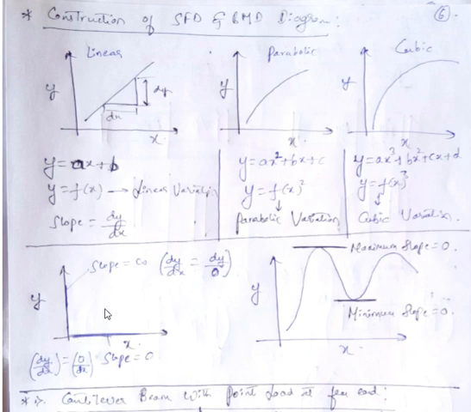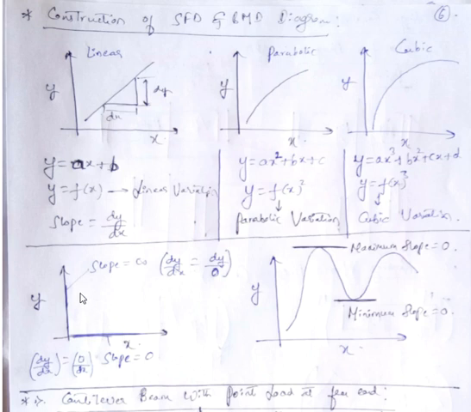Is there any direct distance in the y direction? Here we consider dy as the distance in the y direction. For this curve, there is no distance in the y direction. That means dy is 0. 0 by dx will become 0, since 0 by anything is 0. So dy by dx will become 0. That means slope is 0. So for a horizontal curve, slope will be 0.